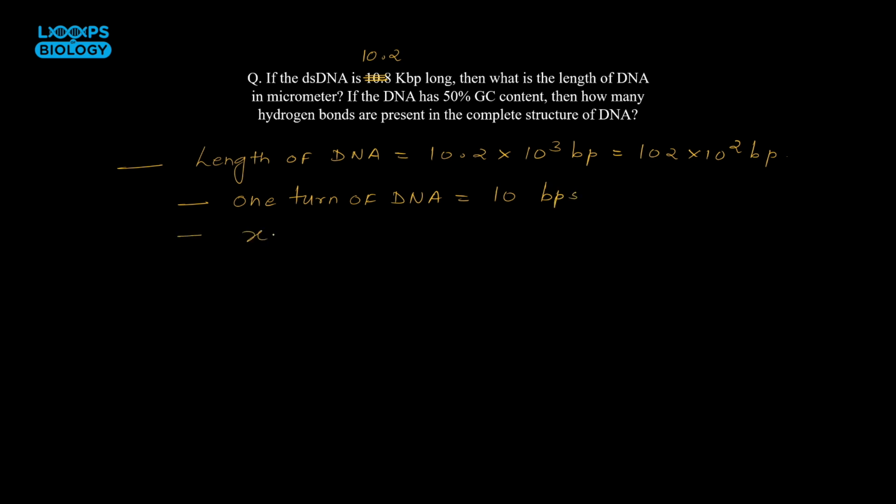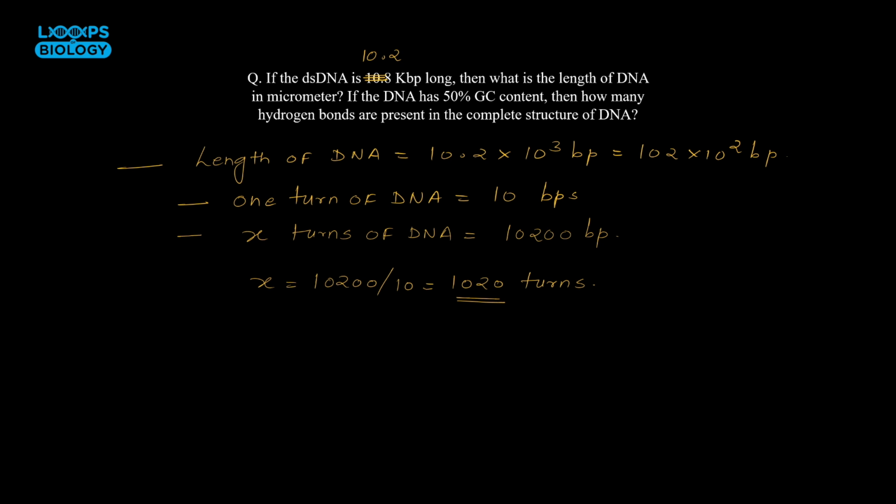So X turns of DNA have 10200 base pairs. Got it? By the simple unitary method, X is equal to 10200 upon 10, that is 1020 turns. So there are basically 1020 turns present inside a complete structure of DNA.